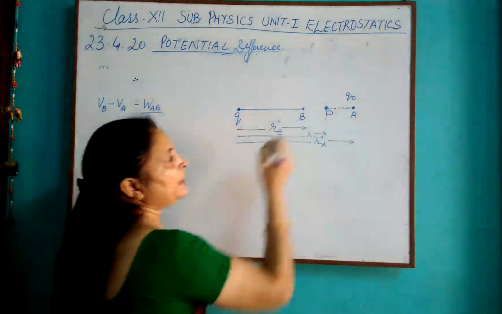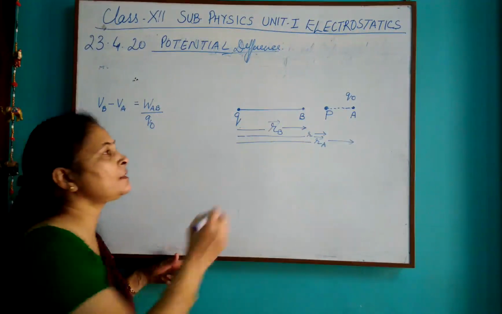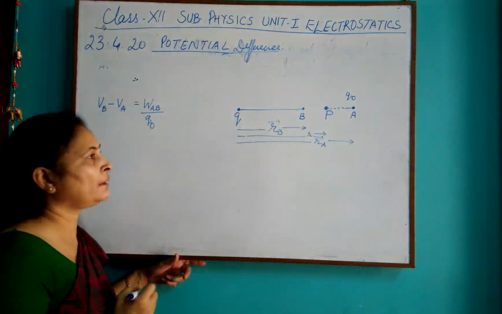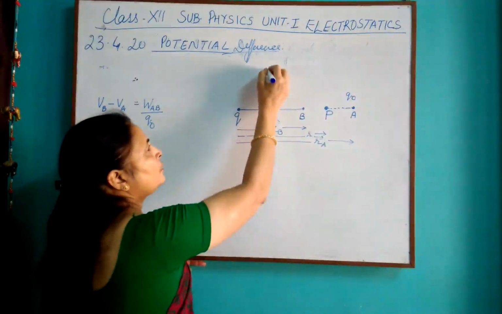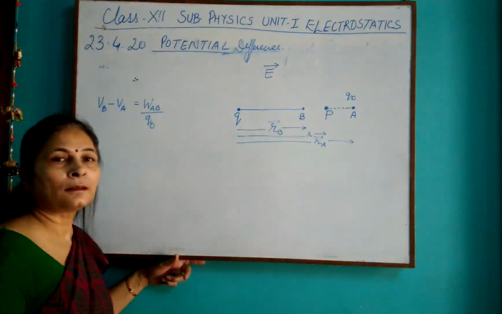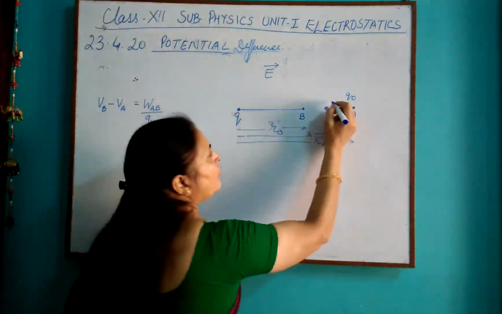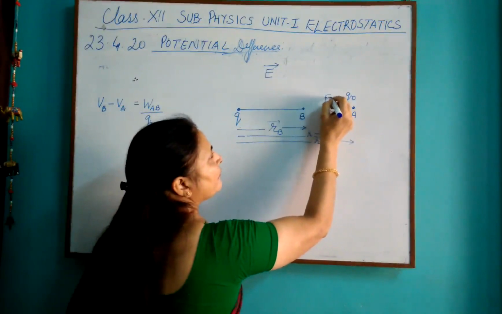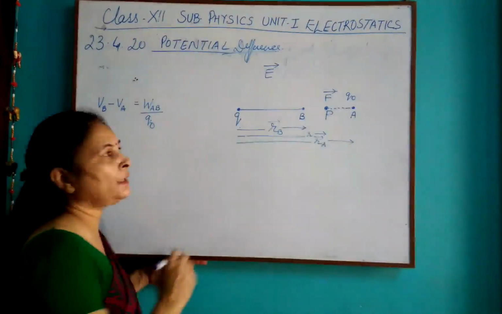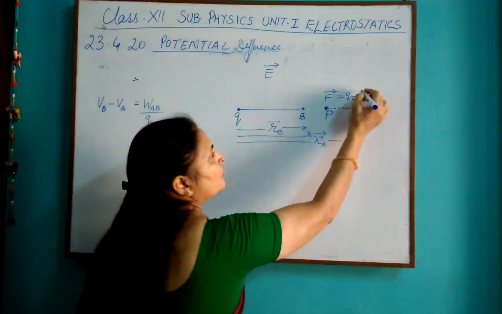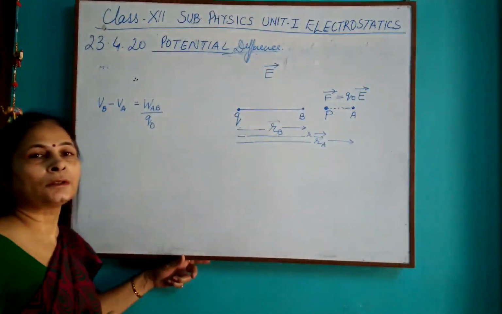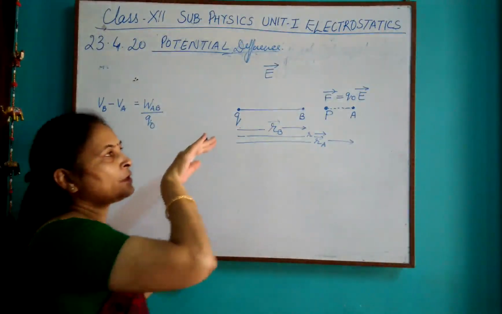Now how much will be the force experienced by the charge Q naught at point P? Suppose the electric field produced due to the charge Q is E. So a force will be experienced by the test charge Q naught at point P, which will be equal to F is equal to Q naught E. In which direction?